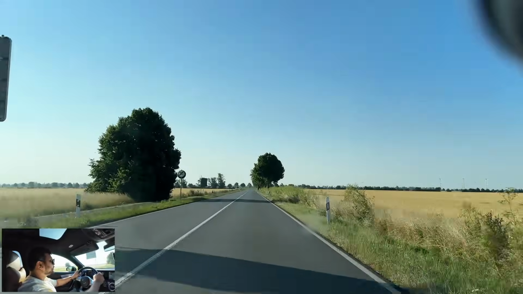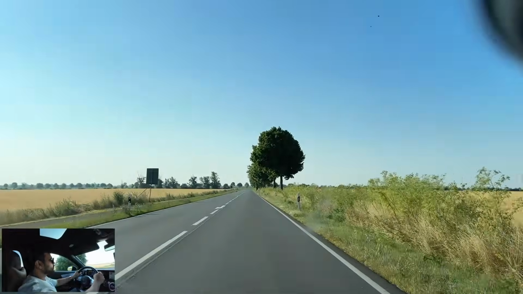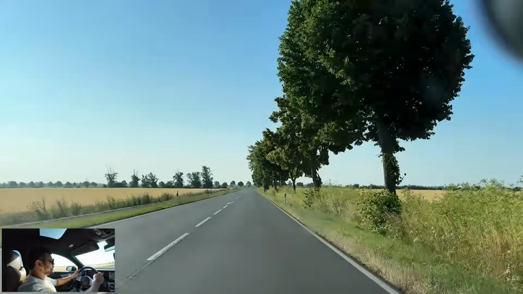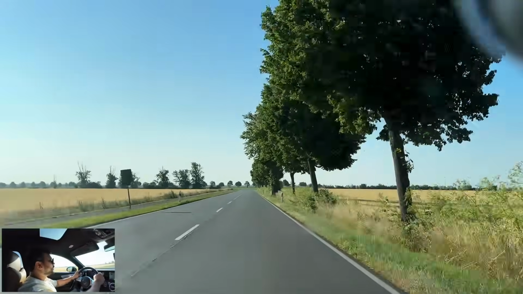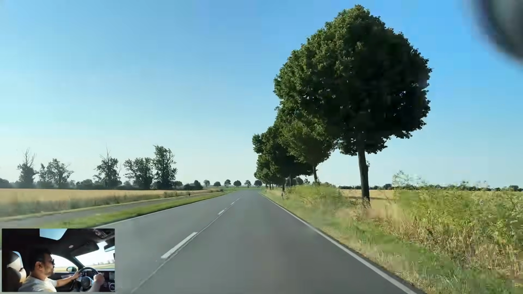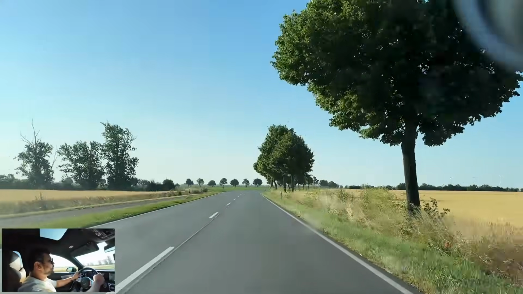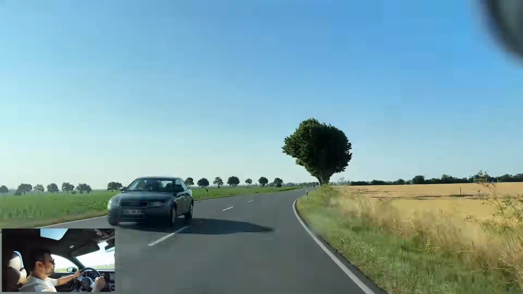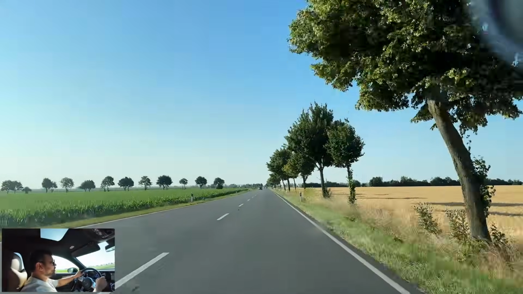Once we have a dotted line, we can cross and complete the overtaking maneuver. Additionally, we have seen that there was a no-limit signboard, which means that now the maximum permissible speed is 100 km per hour. So signboard reading is quite important when we are driving outside city areas.